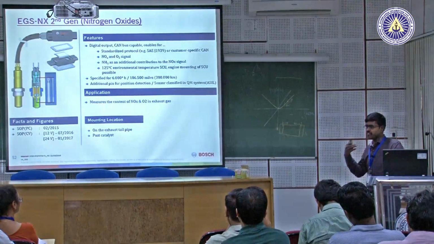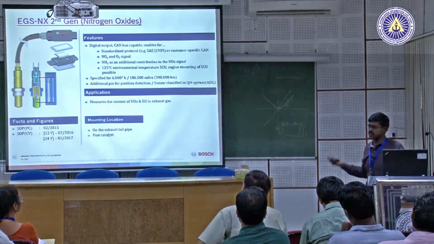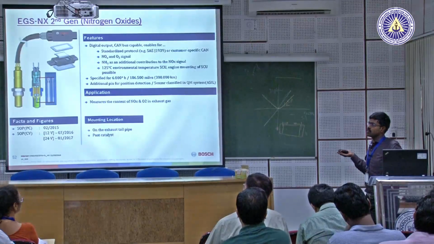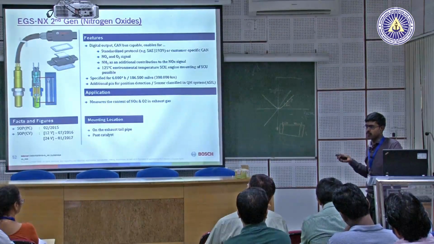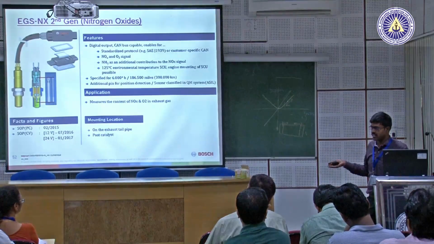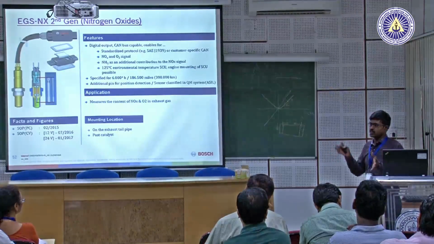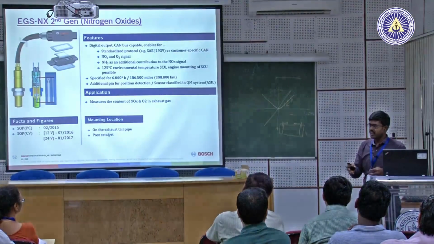For that there are different methods which are being followed by the OEMs to control this. To control this there is a phenomenon called selective catalytic reduction, SCR mode, which is used, where you are dosing urea, that is NH3, to reduce the hydrocarbon and CO, due to the chemical reactions happening on the exhaust side.